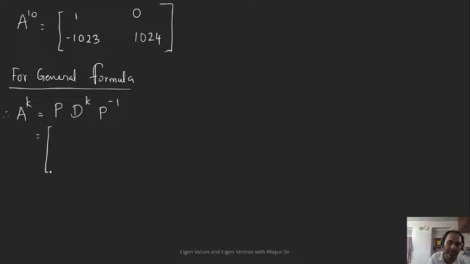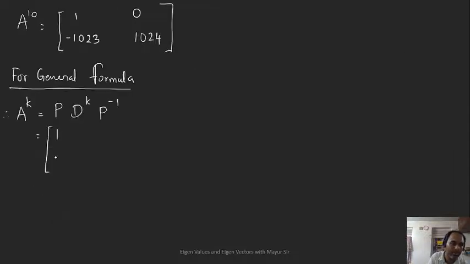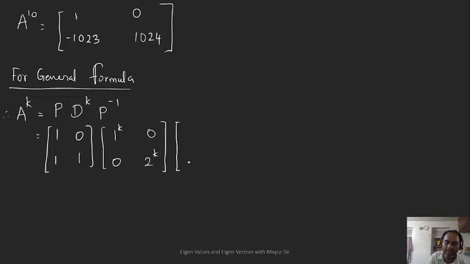So here you write P, that is [[1, 1], [0, 1]], and then D is [[1 raised to k, 0], [0, 2 raised to k]], and the inverse we had is [[1, -1], [0, 1]]. Okay, so we need to multiply this and see what we get.